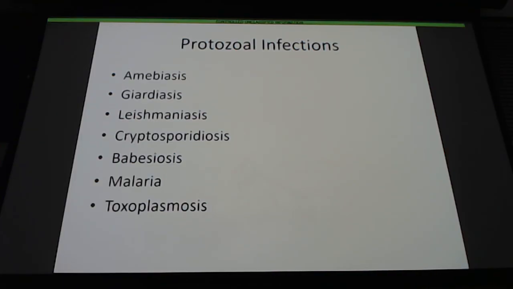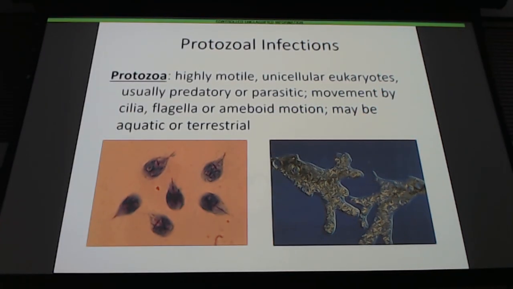Most of these protozoa are usually transmitted via the fecal-oral route, or there are some other ones that can be transmitted via arthropod infection. They are unicellular eukaryotes.